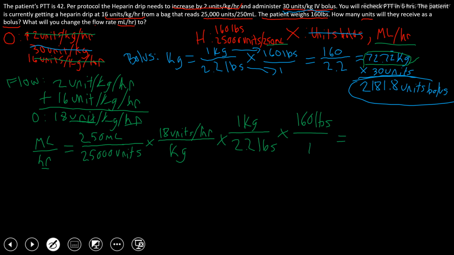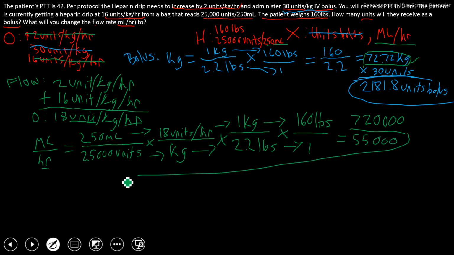Okay, now we'll multiply across, and we get 720,000, multiply across the bottom, and we get 55,000, and we divide that out, and we will get 13.09.